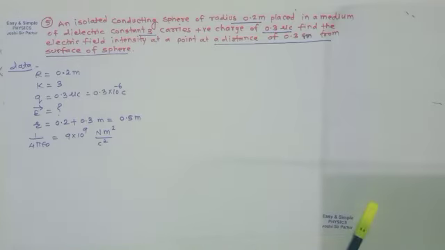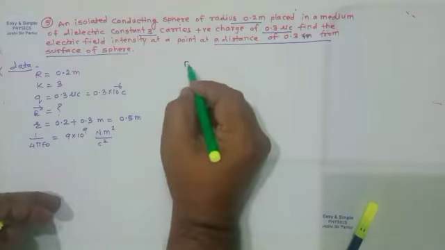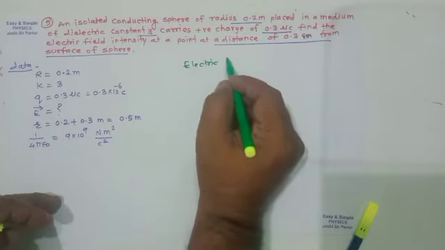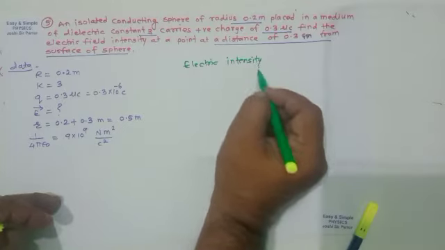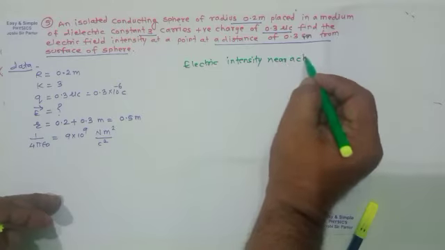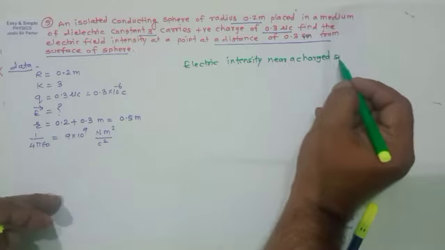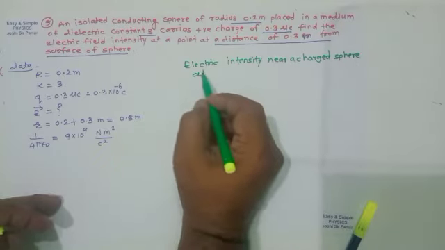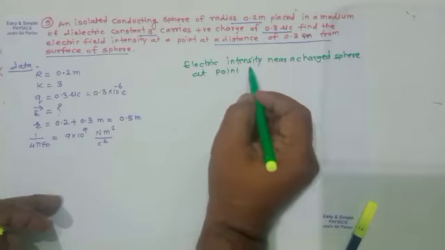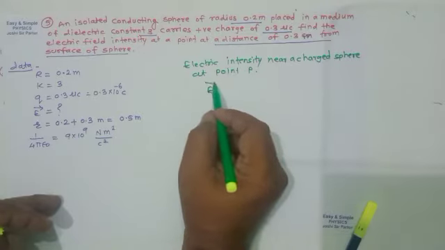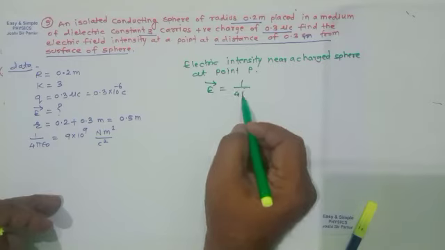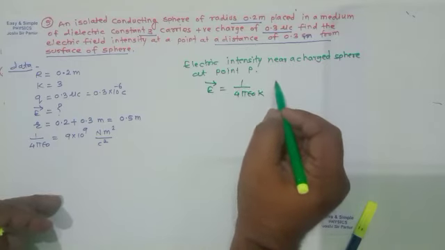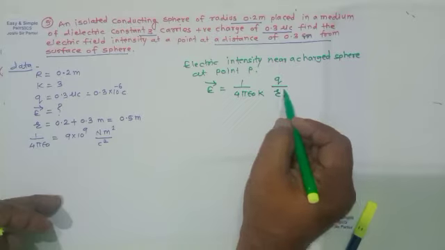The formula for electric intensity near a charged sphere at point P is E equal to 1 upon 4 pi epsilon 0 into Q upon K r square.